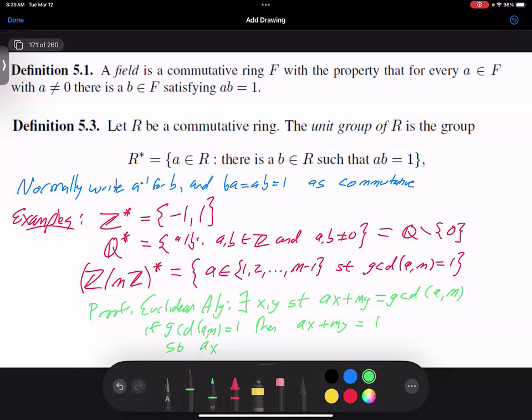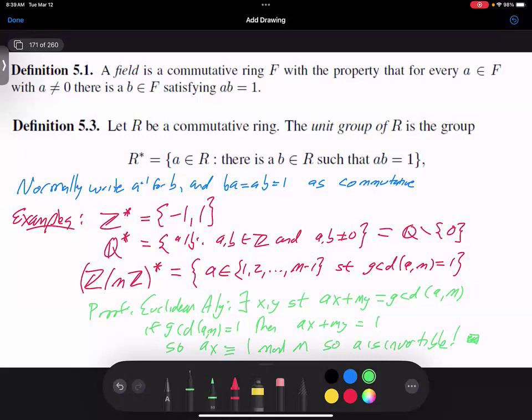So ax is congruent to 1 mod m, so a is invertible. And that finishes the proof. So the Euclidean algorithm is absolutely wonderful.